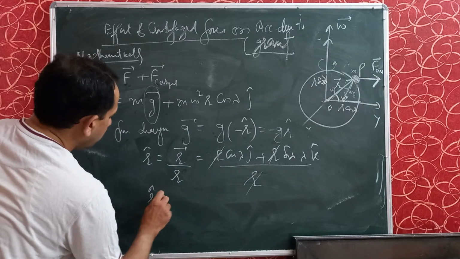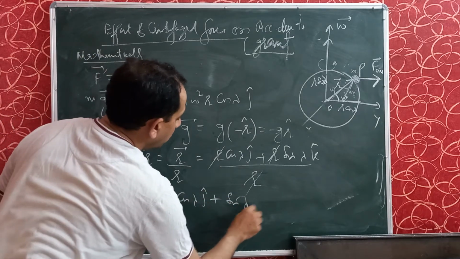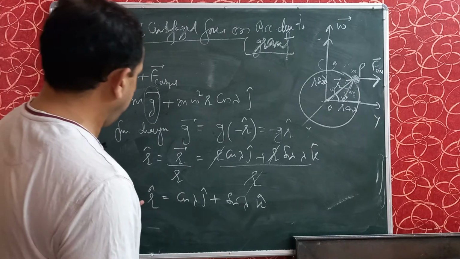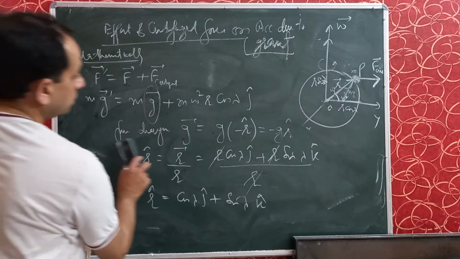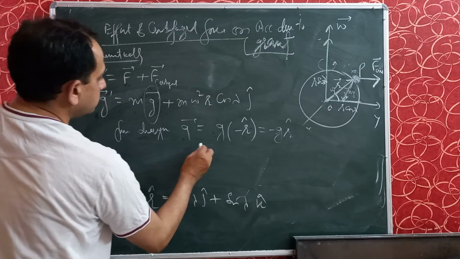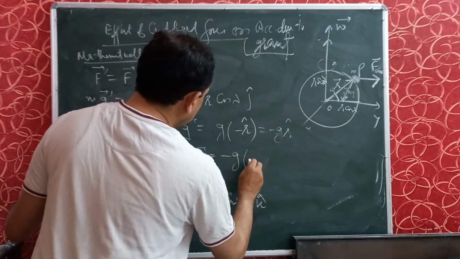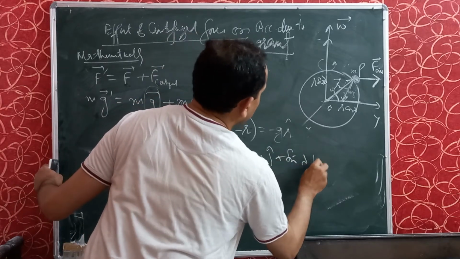So r cap is equal to cos lambda j plus sine lambda k. Now putting this value of r cap here, we get g vector as minus g into cos lambda j plus sine lambda k.